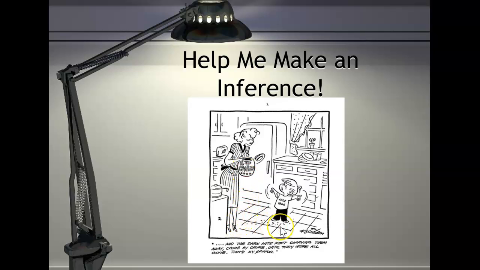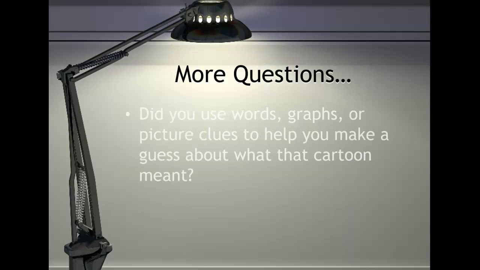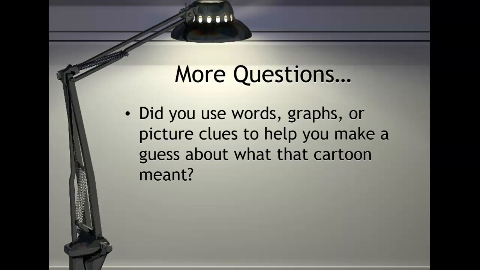He got crumbs on the floor and the ants came in the house. And now the mom is mad. So that is my guess from the cartoon. Again, you use words, graphs, or picture clues to help you make a guess about what the cartoon meant.